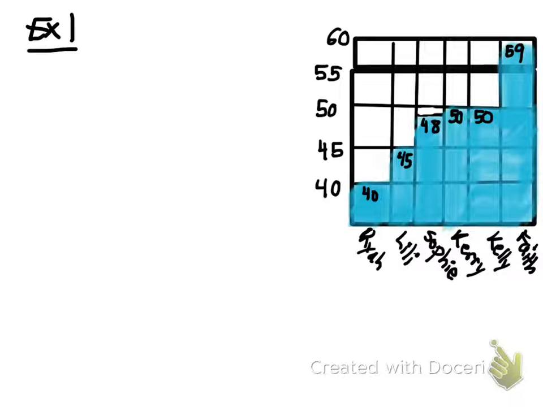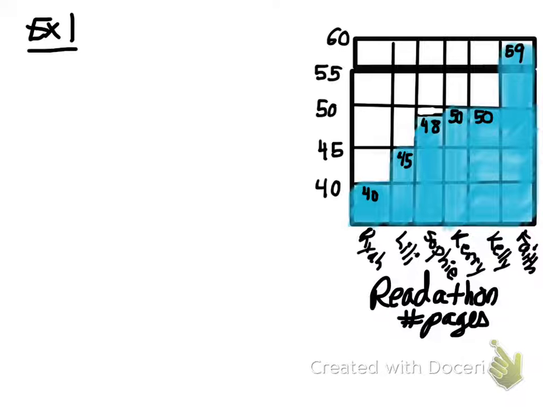And this data set is showing the readathon. Number of pages read. So looking at this graph, you can see Raya read 40 pages, Lily 45, Sophie 48, Carrie and Kelly each read 50 pages, and Faith read 59 pages.